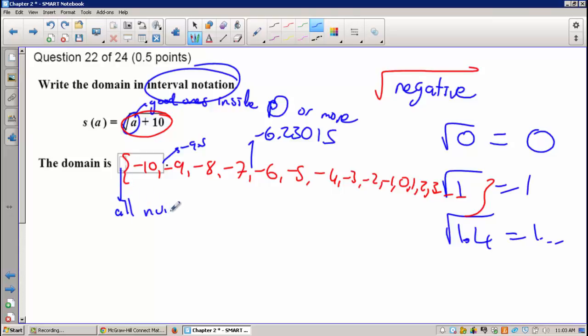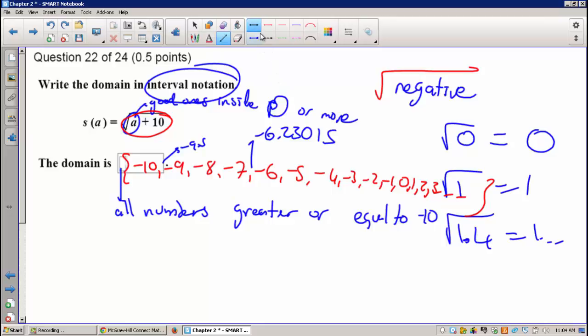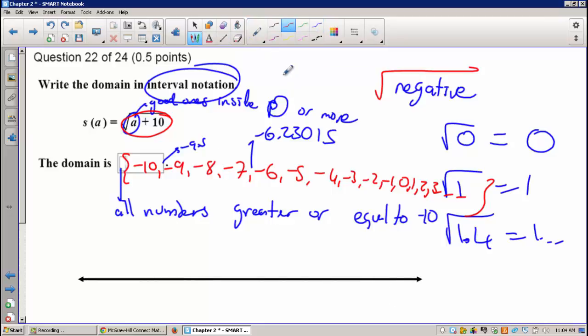All numbers greater or equal to what? Negative 10. You have to count forward starting from negative 10. So why don't we make a coloring first? I like coloring. Find negative 10. It's where everything starts, right?